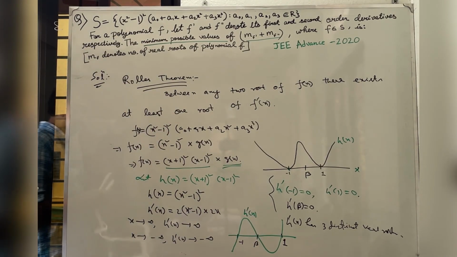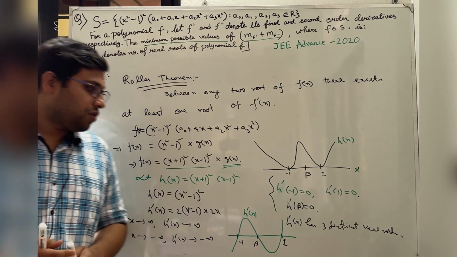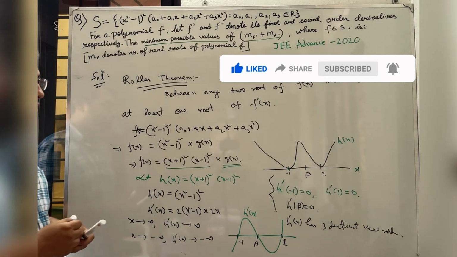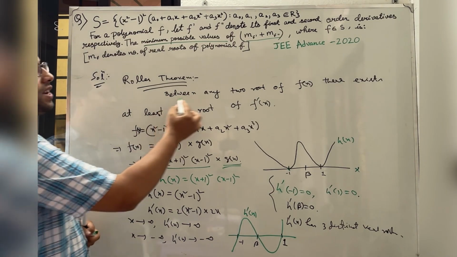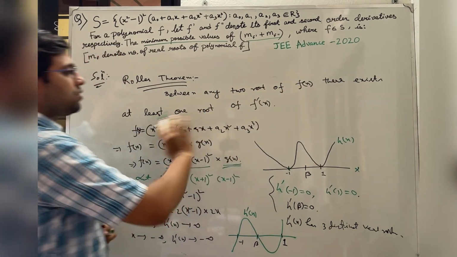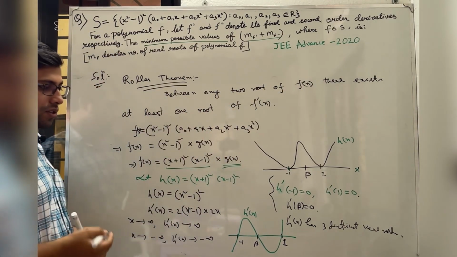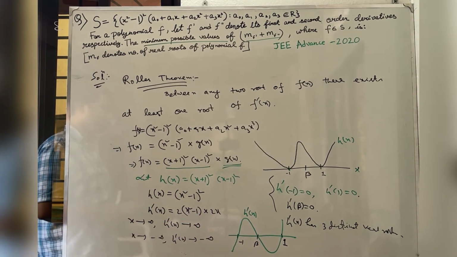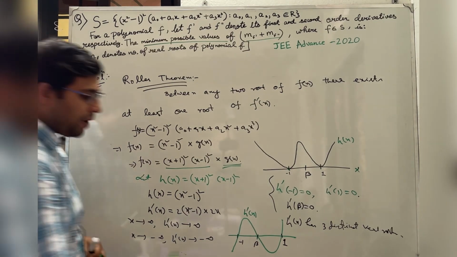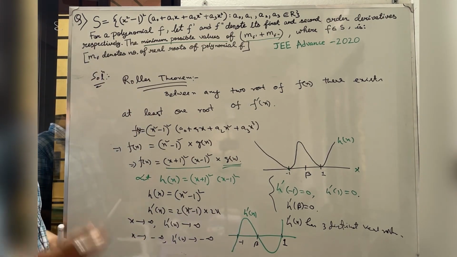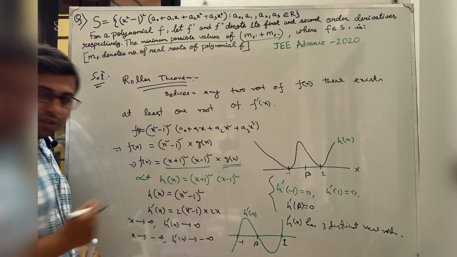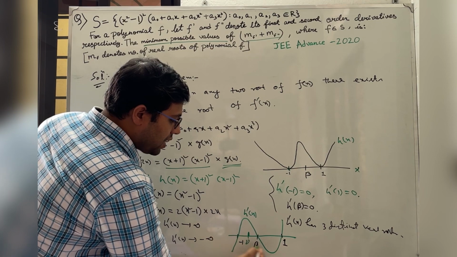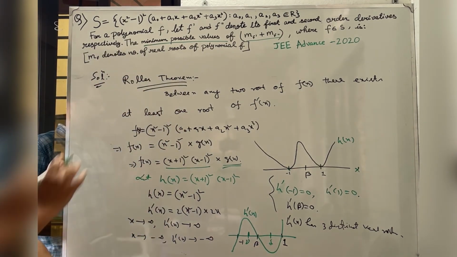Now we are going to apply Rolle's theorem once again on h dash x. Rolle's theorem says that between any two consecutive roots there exists a root of the derivative. So between any two consecutive roots of h dash x, there must exist a root of h double dash x. Minus 1 and beta, and beta and 1, are the consecutive roots. So we can easily find a gamma and a delta as roots of h double dash x.